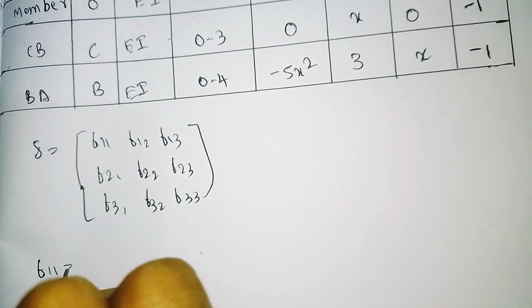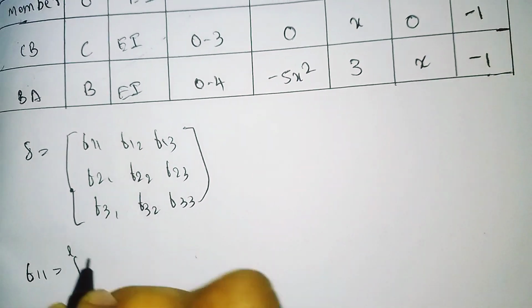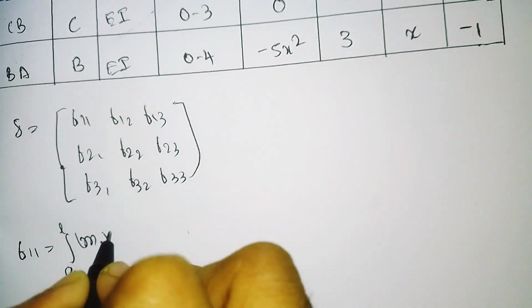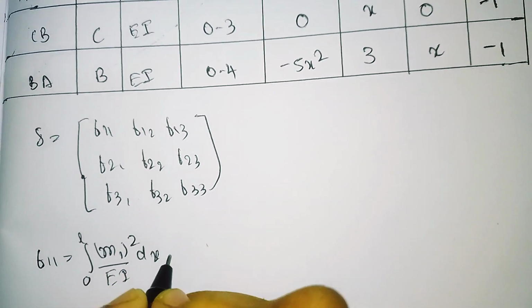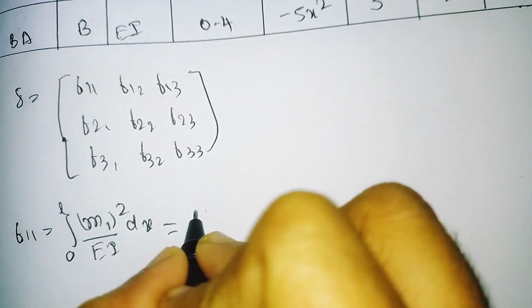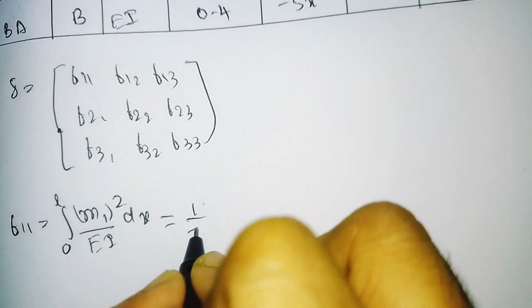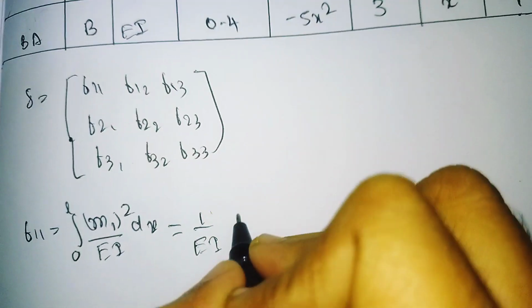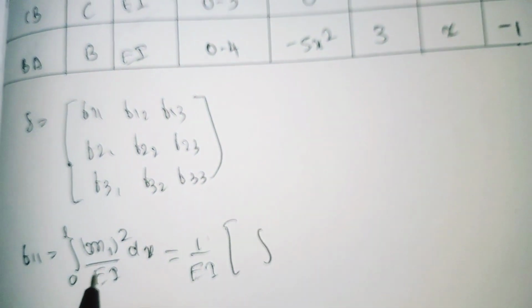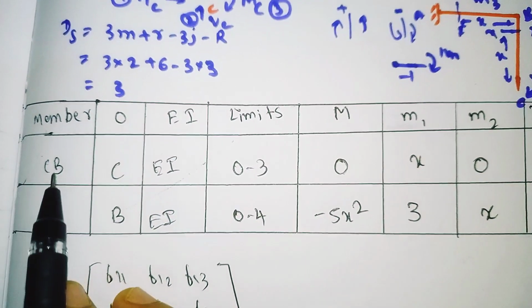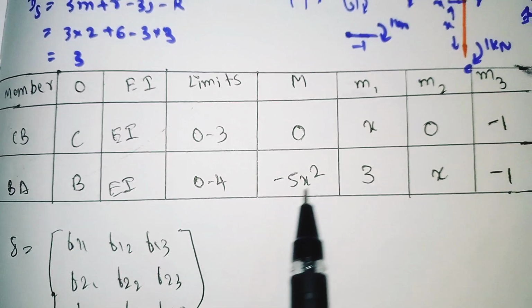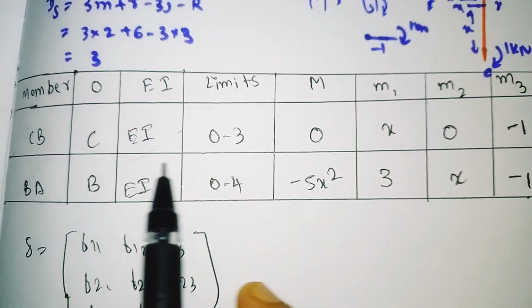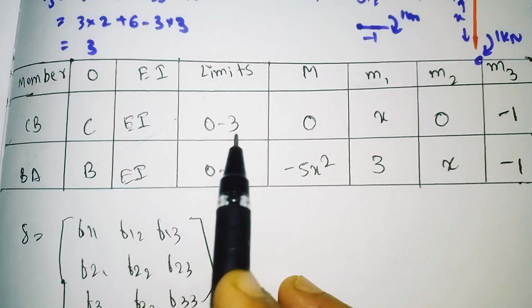For F11 we have the formula: integration of 0 to L of m1 square divided by EI into dx. 1 divided by EI is constant, so I am taking it outside. Now for the integration of m1, we need to see all the members. For CB we have the m1 value x, and for BA we have the m1 value 3. So for CB we have the limit 0 to 3.